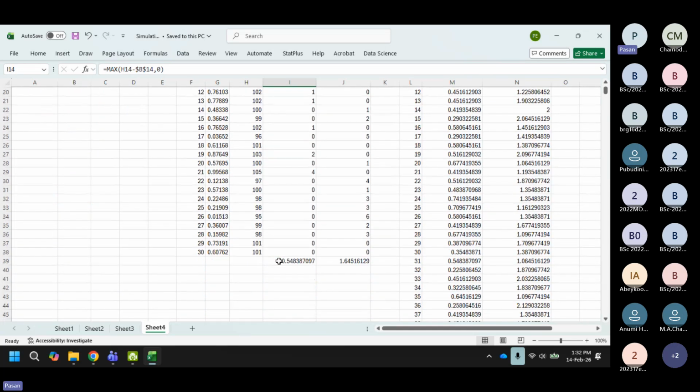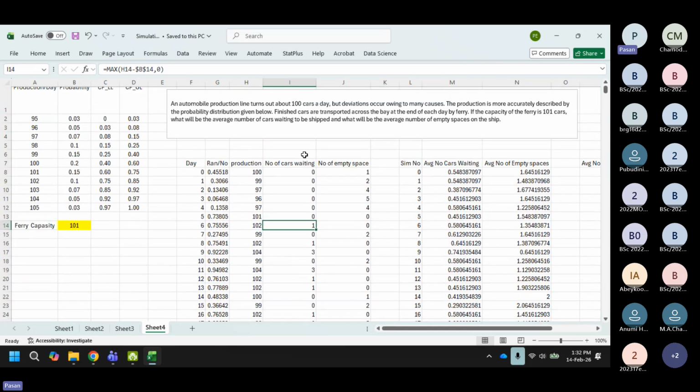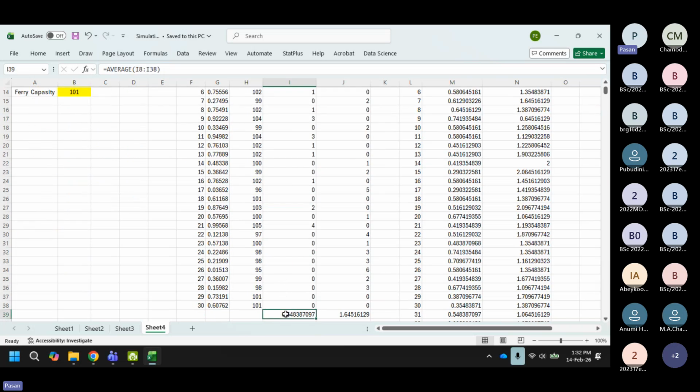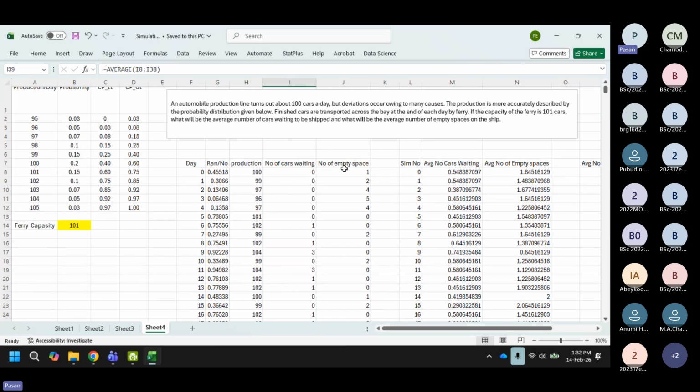So like that, we can see the average for each day of the cars waiting, and then take the average of that. Then the opposite of that is the empty spaces, right? So if the production is 100, then there will be one empty space, and if the production is 99, then there will be two empty spaces.